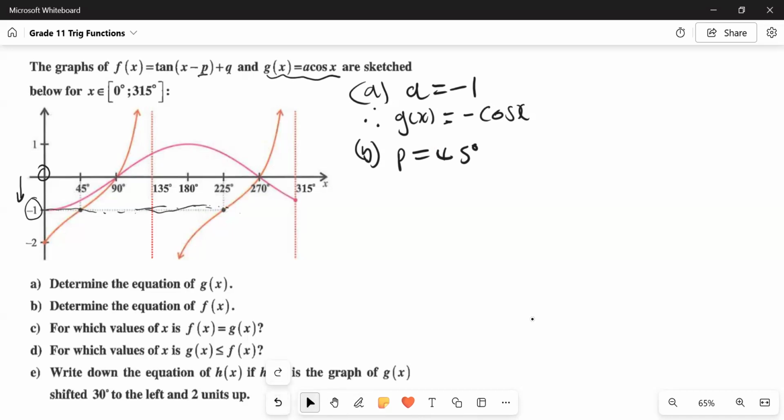It's important for you to understand the original graphs so that you can interpret the graphs. So by having these two values, we can get the equation of f. f of x equals tan of x minus 45 degrees, minus 1. So this is the equation.